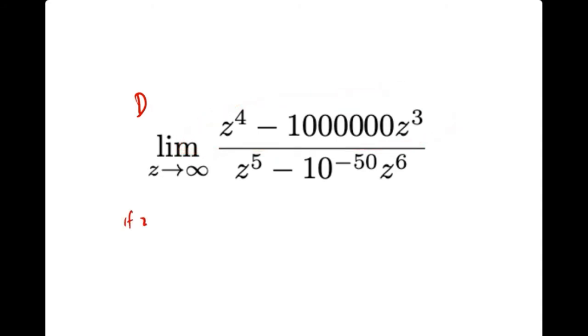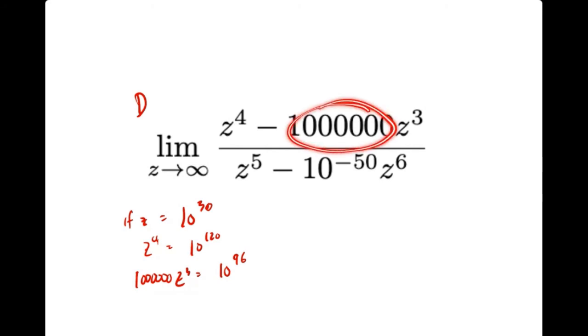And let's suppose that z is like 10 to the 30, that's a pretty big number. Then z to the fourth is like 10 to the 120, and a million z cubed is like 10 to the 96. So no, it didn't matter what the value of that constant was, right?